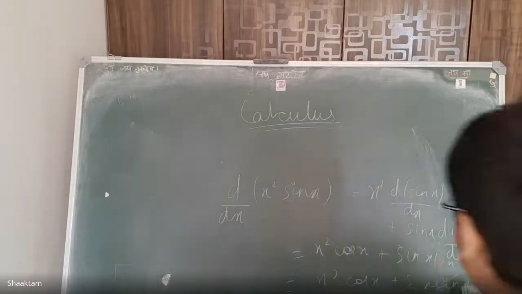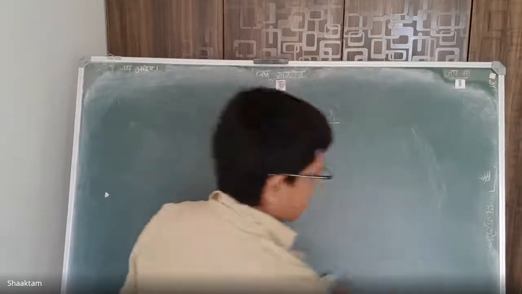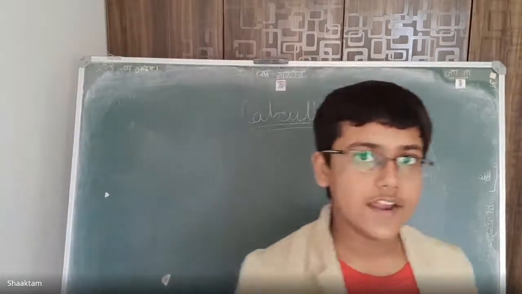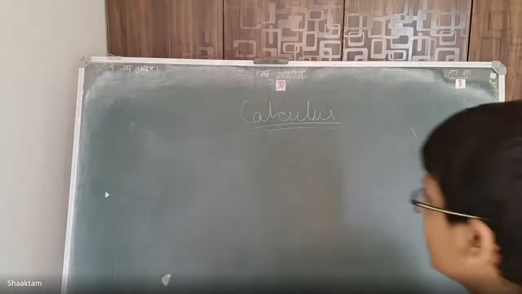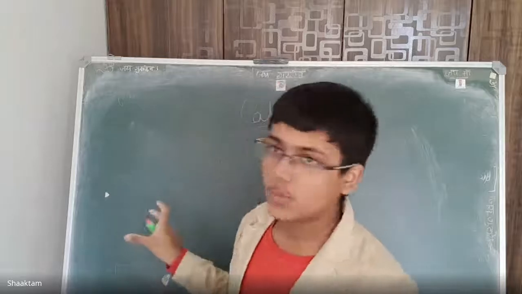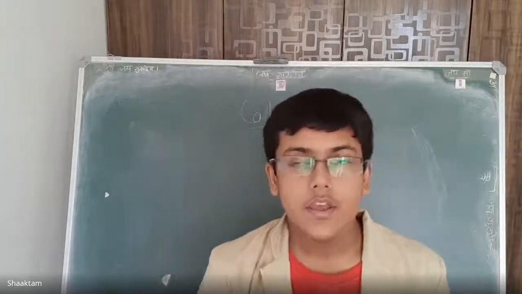Now for the quotient rule, if you want to find d by dx of u divided by v, let me give an example. What I was telling at that time about the four ones, tan x, cot x, sec x, cosec x, you can prove them with that rule only.